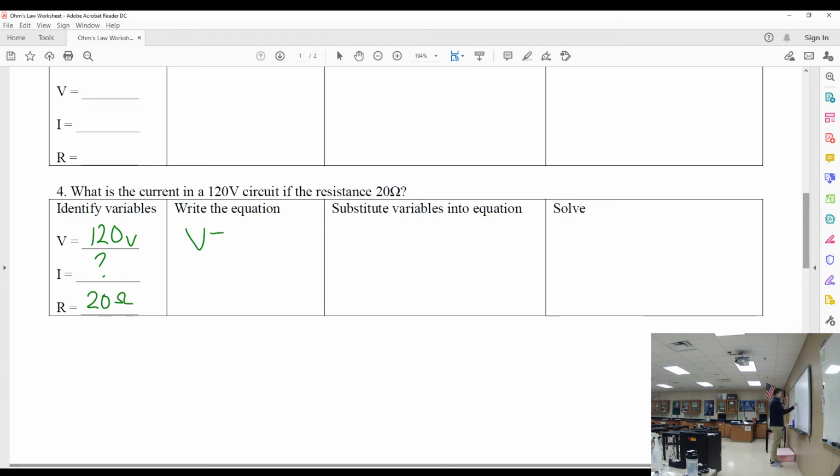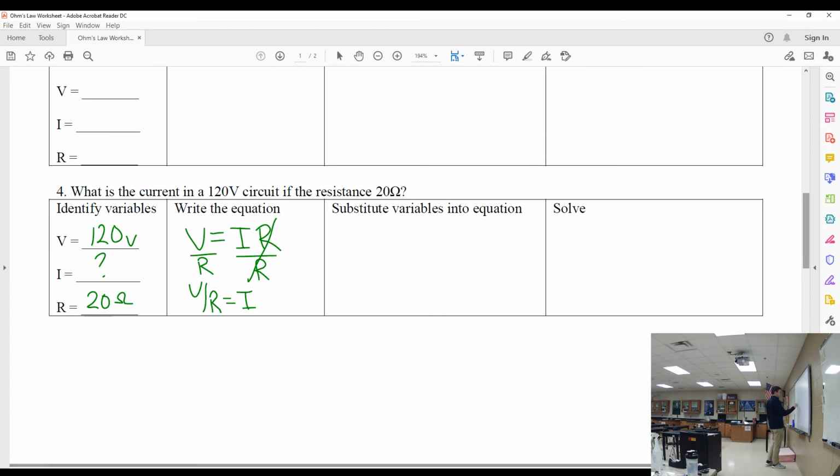I rewrite my equation, V equals IR, but I'm solving for current now. I need to get I all by itself on that side of the equation, so I'm going to divide both sides by resistance. And my new equation is voltage over resistance equals current. Now I'm set up to solve for the current.